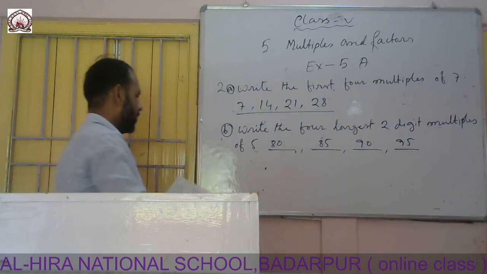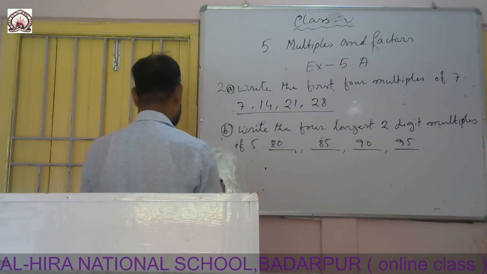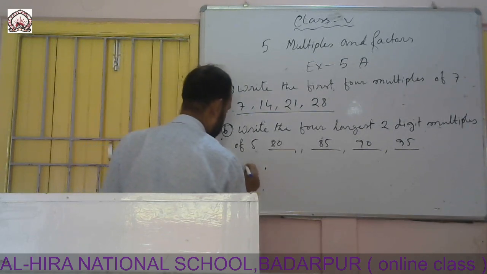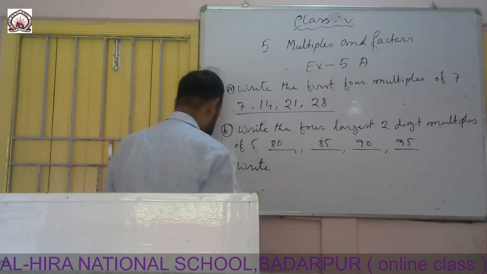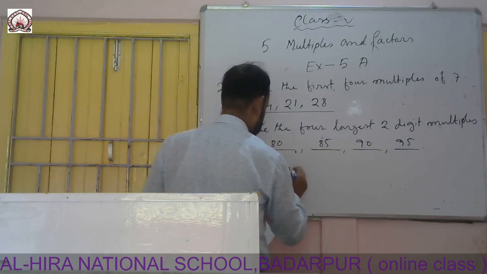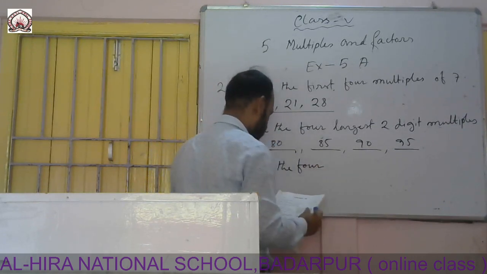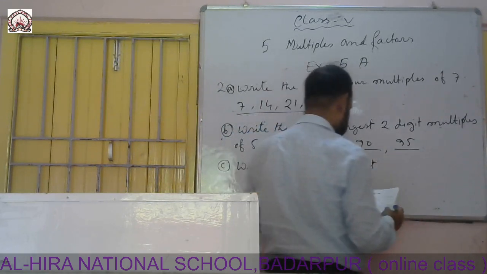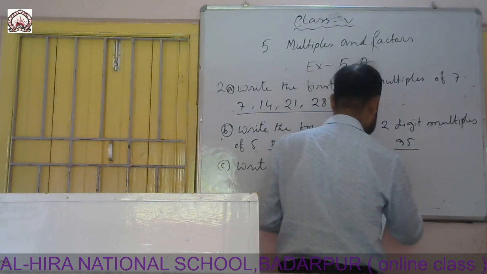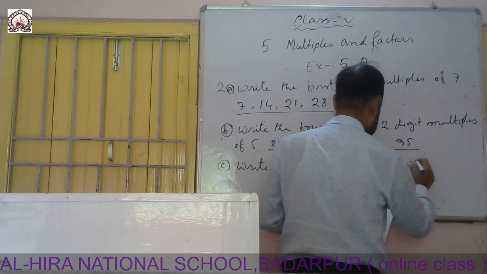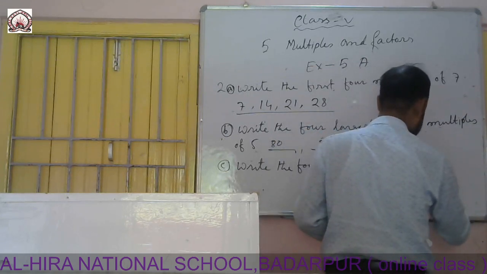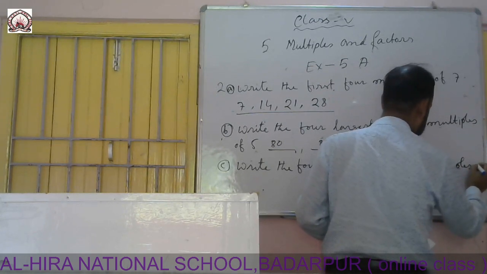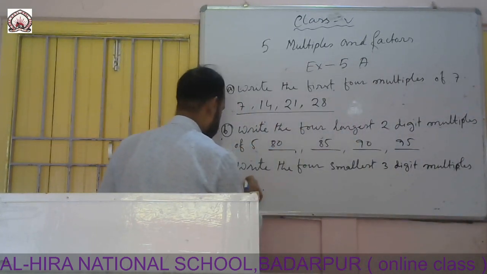Next, question number C. Write the 4 smallest 3-digit multiples of 11.